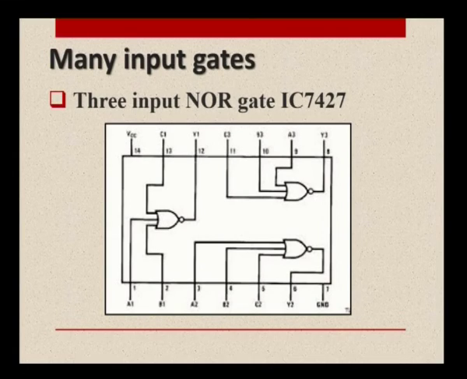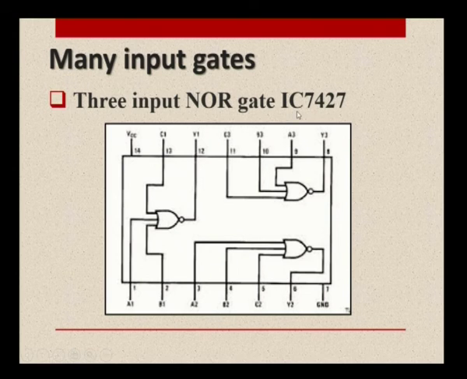So, we should be equipped to generate all possible combinations of inputs, but there is a particular order in which, when we write the combination of many inputs, we will be able to write them all in a sequential manner. So, all this we will see now one by one. Before we go into the typical expression, let us have a look at the IC chip which accommodates a 3 input NOR gate.